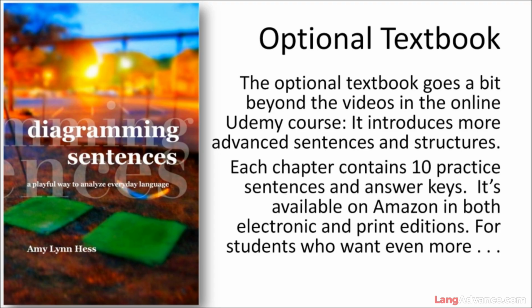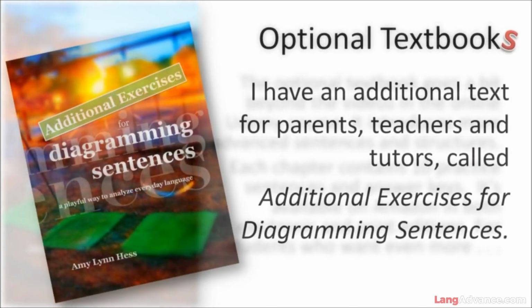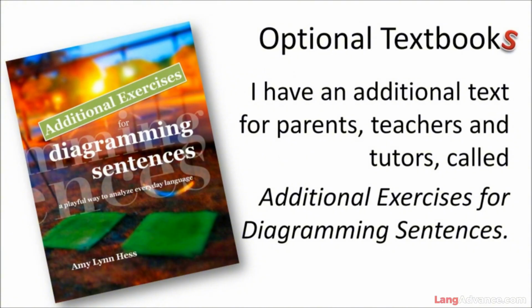It's available on Amazon in both electronic and print editions, and for students who want even more learning, there is an additional text for parents, teachers, and tutors called Additional Exercises for Diagramming Sentences, and that's 10 more sentences per each chapter in the initial textbook. So potentially 20 sentences for each concept in all of the chapters.